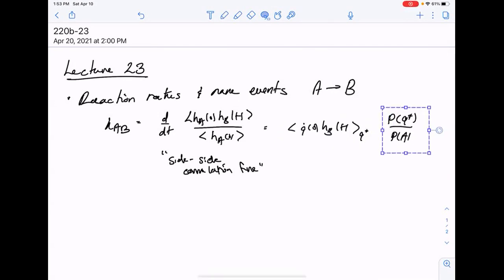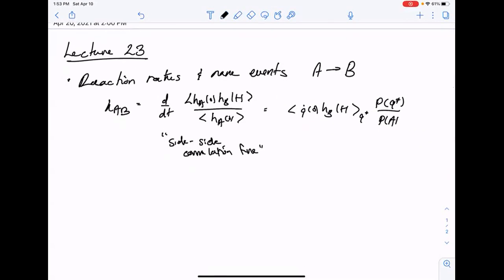So those are, as long as the rate exists, exact expressions that will give you the time scale over which one has to wait on average to see A going to B.